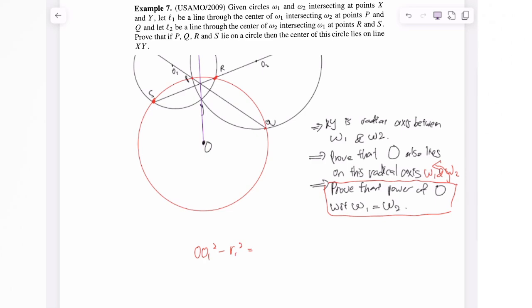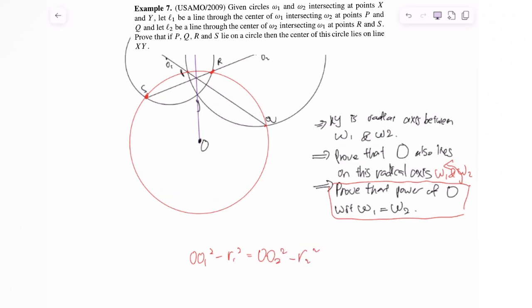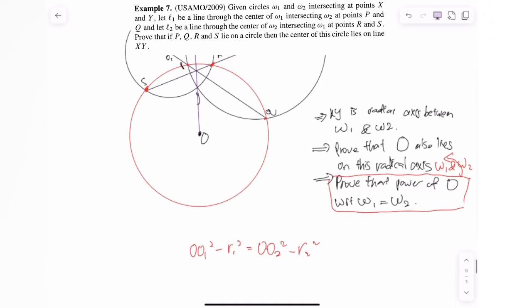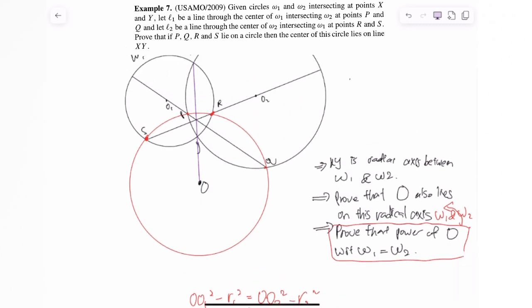Then that of omega 2 is O2 squared minus R2 squared, where R2 is the radius of omega 2. And more concretely, R1 squared in this case is O1S squared, and R2 squared is O2Q squared, because this would be R2 and this would be R1.